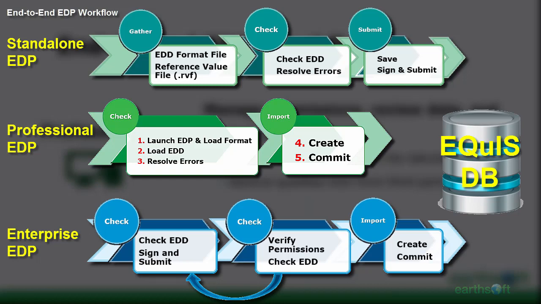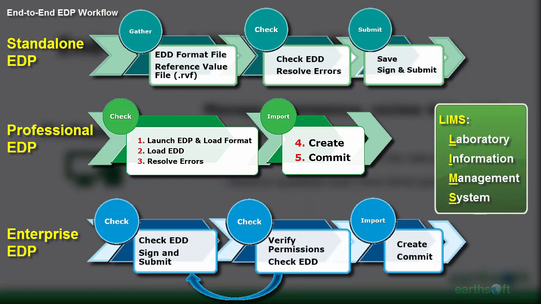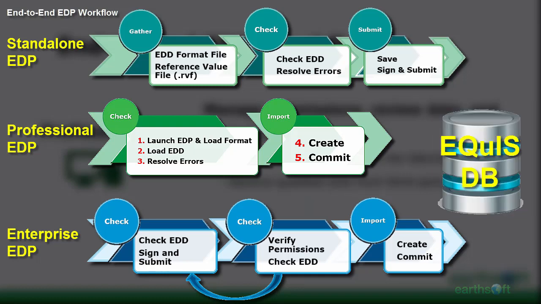This reduces the amount of transcription errors that there are between logging samples into a LIMS in the laboratory, which is another way that we can enforce our data quality. The data are then going to be delivered back through Enterprise EDP after they're run in Standalone EDP. So we're enforcing data quality at about 4 junctures there before the data even get into the database.